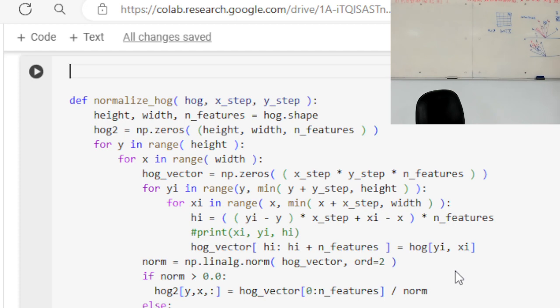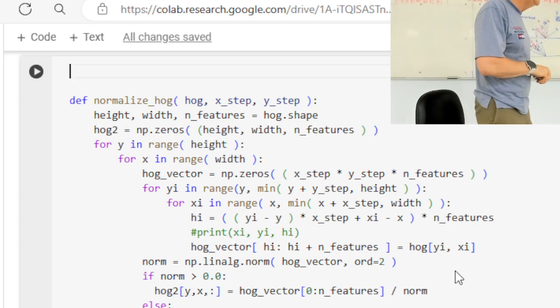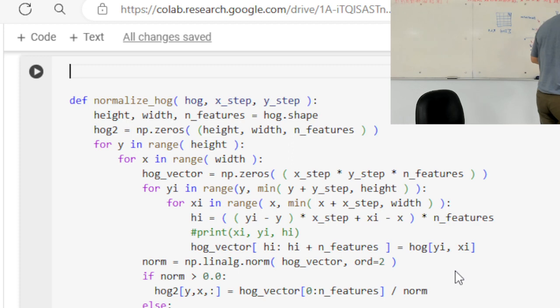The developers of the HOG feature detector basically took care of that problem one step after what we talked about before. They simply normalize the length of the vector, because we have 9 entries, right?